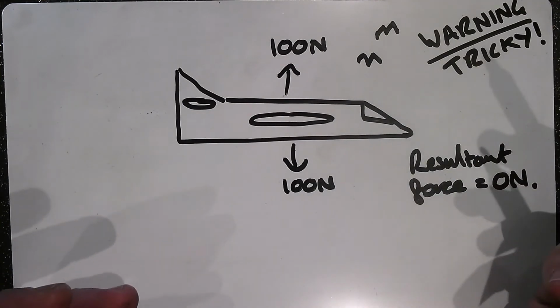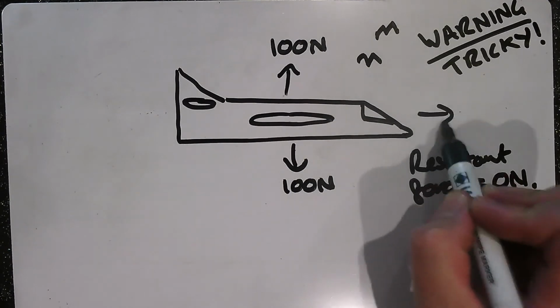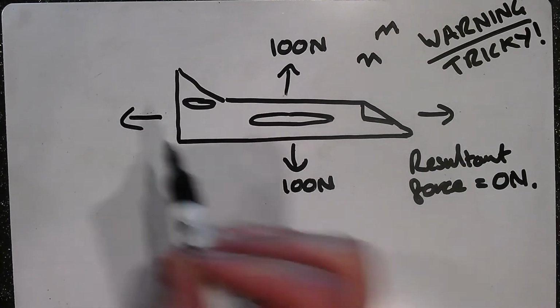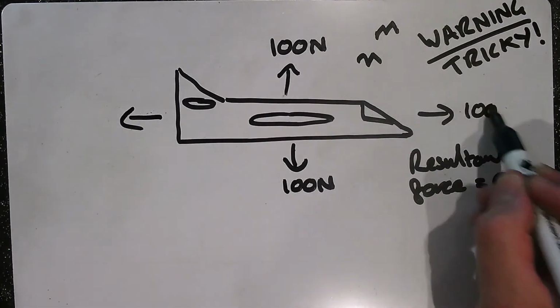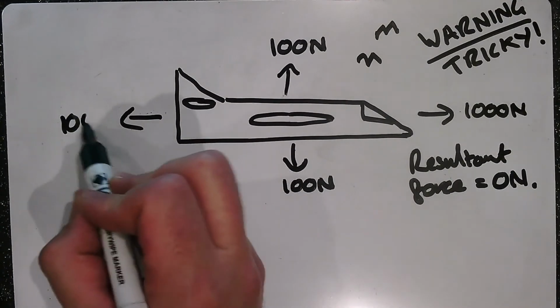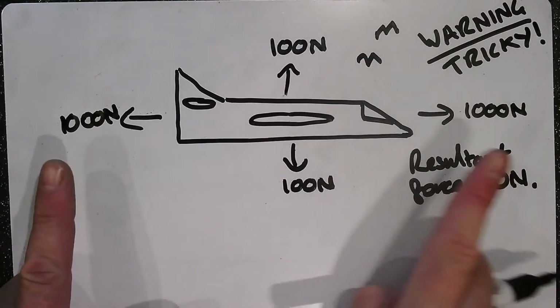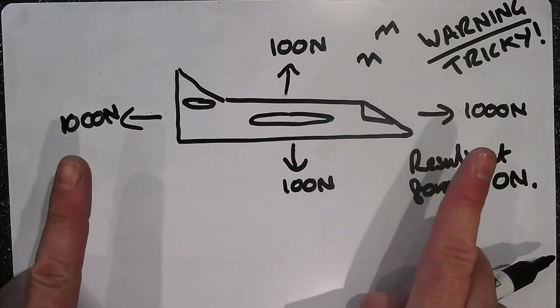So it doesn't fall out of the sky, it just stays doing what it was doing, which was going through the air. If we put the forward and backwards forces back on, let's call them thrust and air resistance, come to that another time, in the backward-forward direction, the resultant force is 0 again.